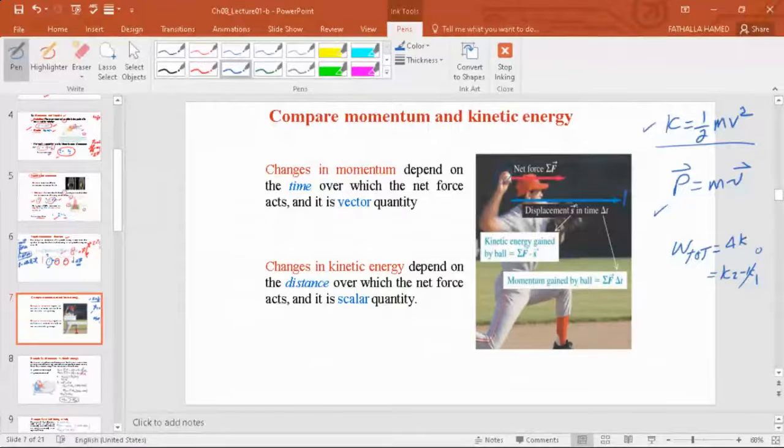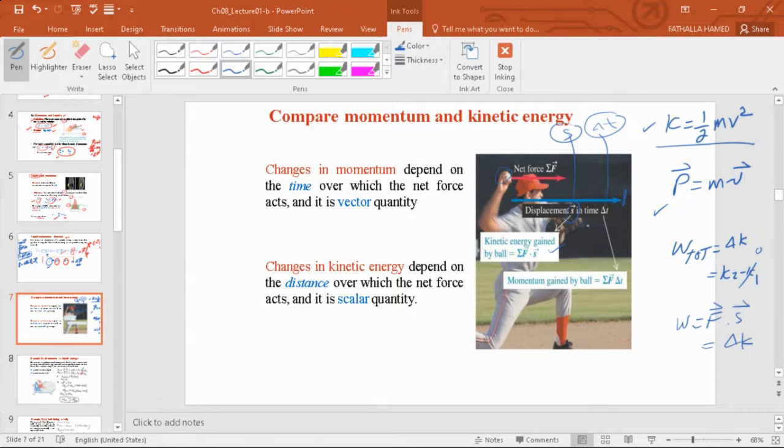Now, this will be a displacement S over time interval delta t. You know that the work done should equal F dot S, and this should equal the change in kinetic energy. So the work done over this displacement here will give you the kinetic energy gained.